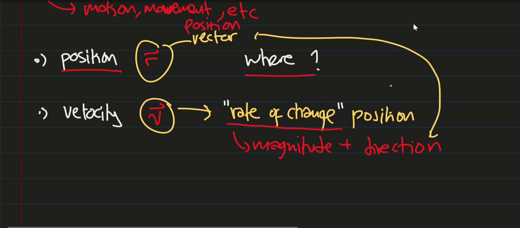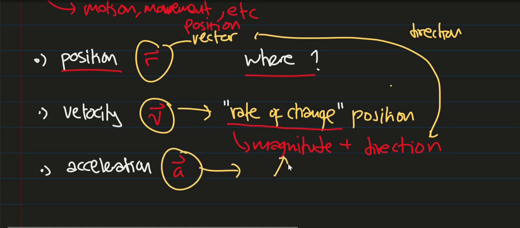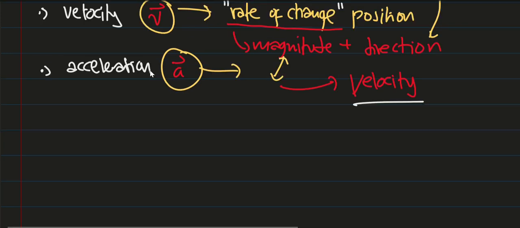So it's about the direction of position change and the magnitude itself. The last but not least is acceleration, denoted by a with an arrow above. As usual, it's a vector. It is the same as velocity, but instead it's the rate of change of velocity itself.